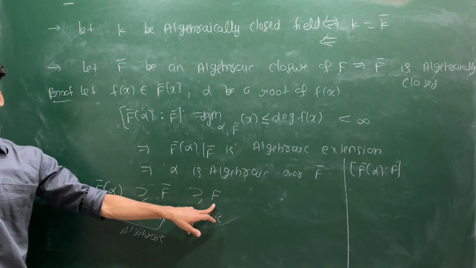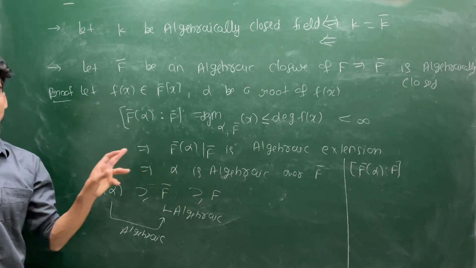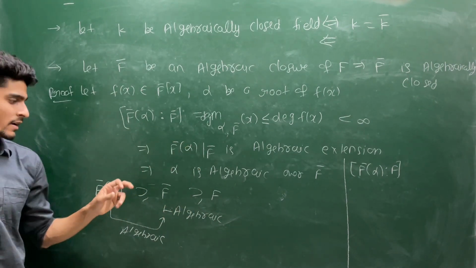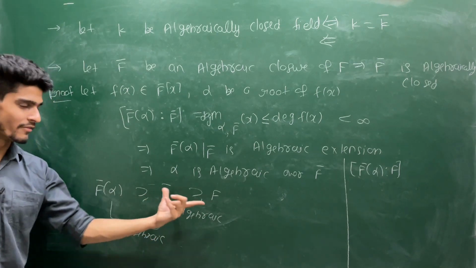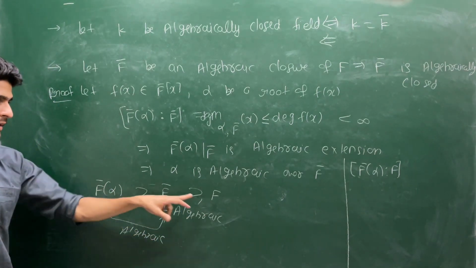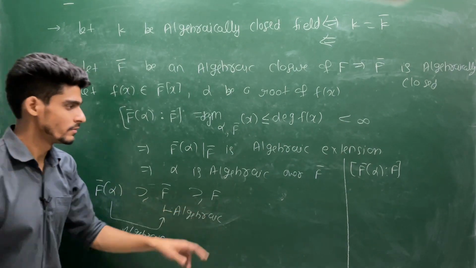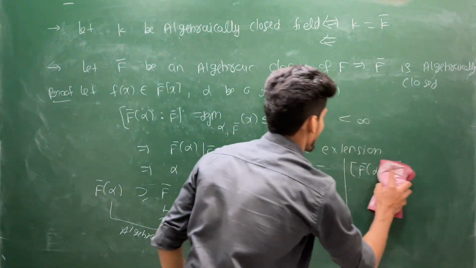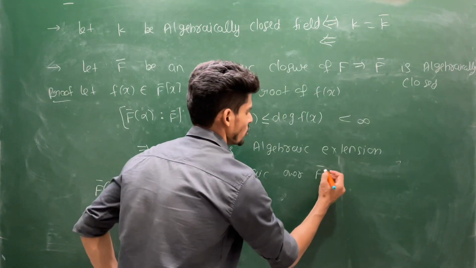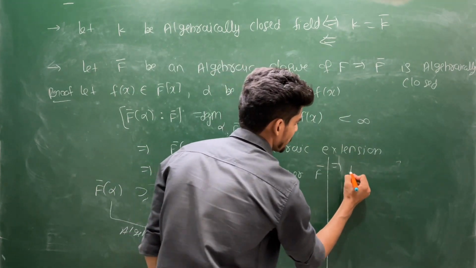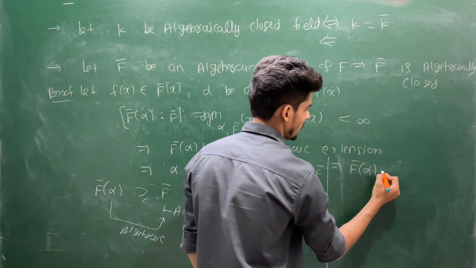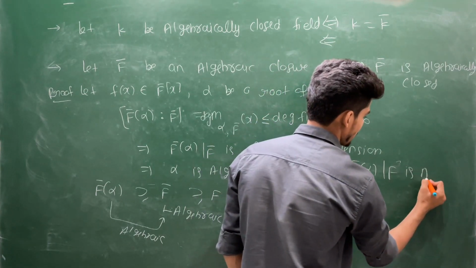And we know that algebraic extension is transitive. An algebraic extension over some algebraic extension is again algebraic. So this is algebraic, this is algebraic, and we have already proved algebraic follows transitivity. So this F bar(alpha) is algebraic over F. So this will imply F bar(alpha) over F is algebraic.